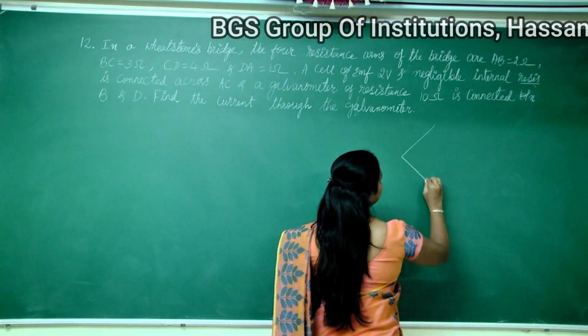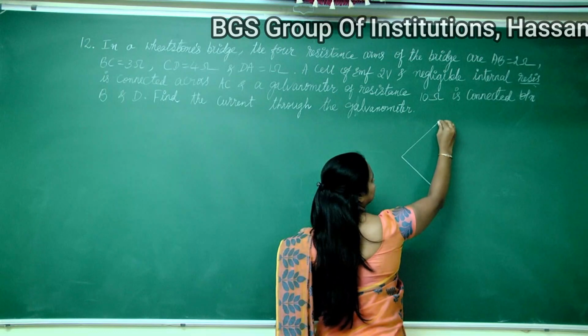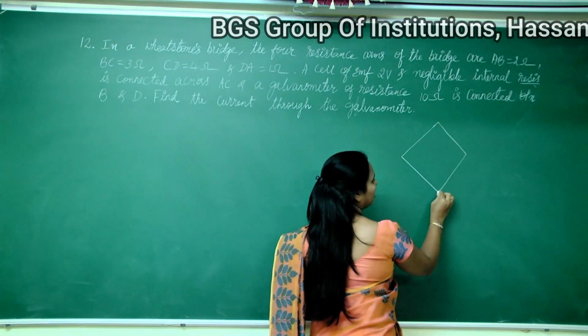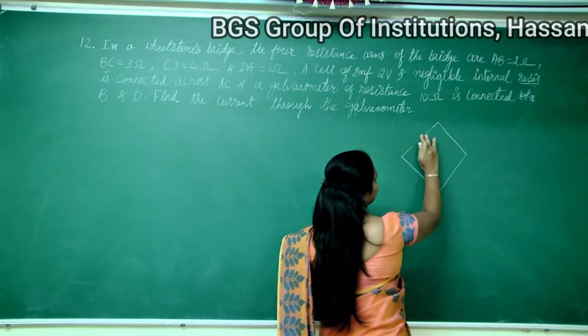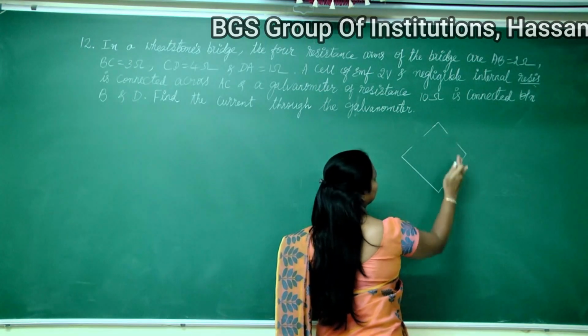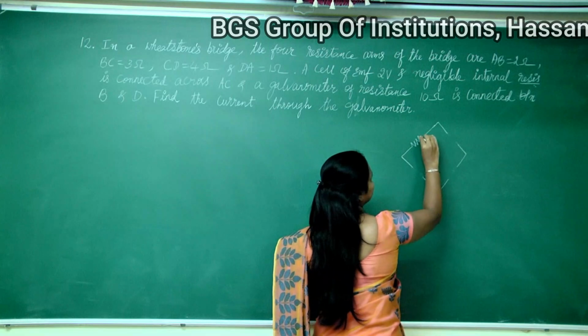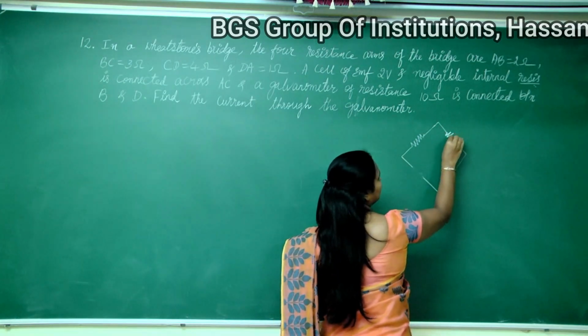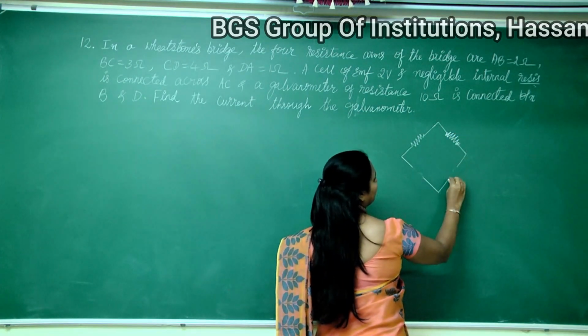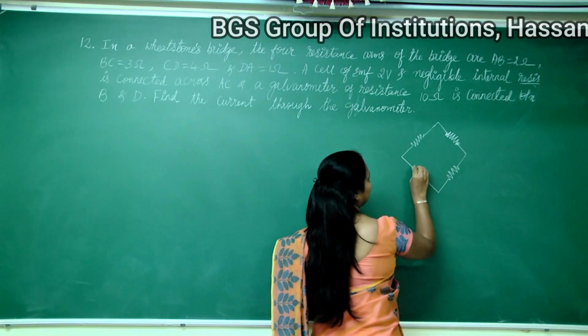So it is a Wheatstone network, as I said. It is arranged in the form of a quadrilateral. So four resistors will be arranged in the form of a quadrilateral.